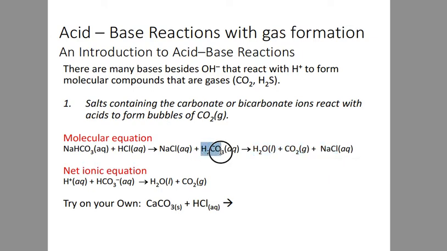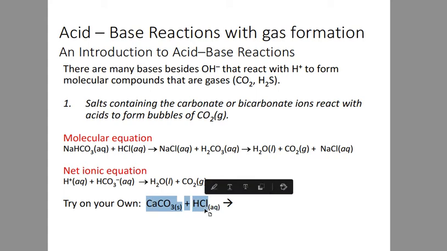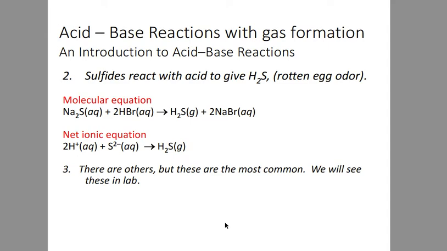Basically that is because this compound right here is not stable. It can exist momentarily, but it automatically will break down into water and gas. So when we write the net ionic equation for this, we'll have H plus and HCO3 minus yielding H2O and CO2. This is an example that's also in your text, but I'm going to encourage you to try this one on your own and then see how you did.